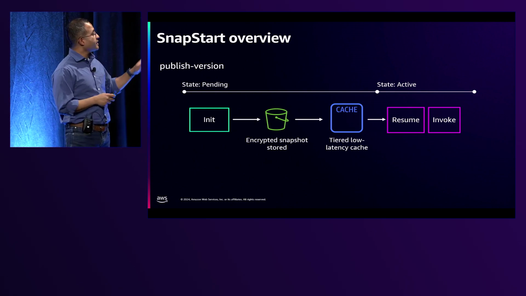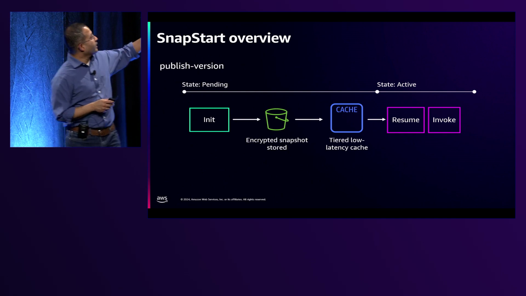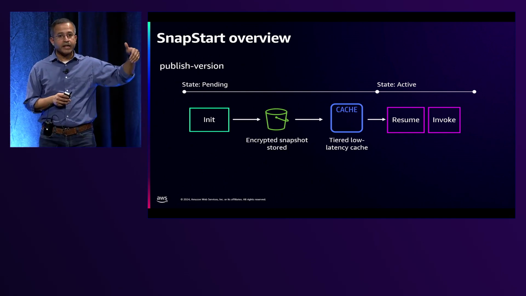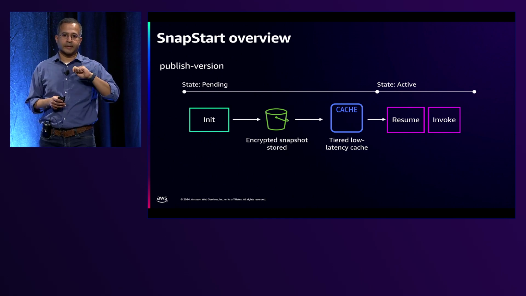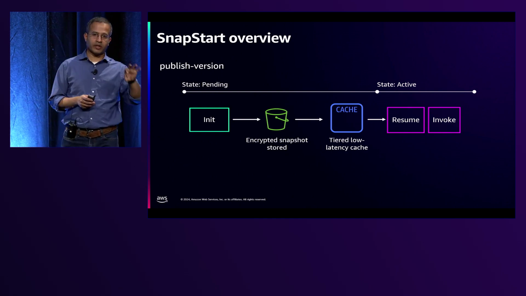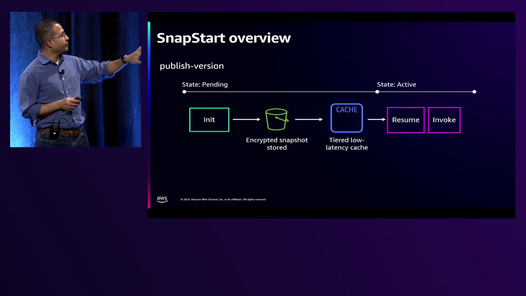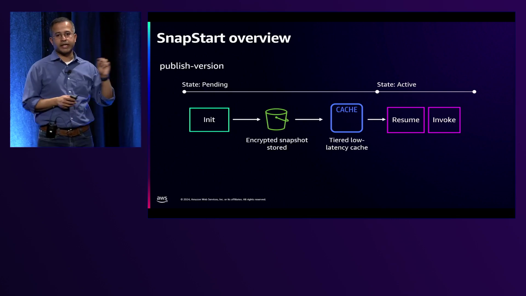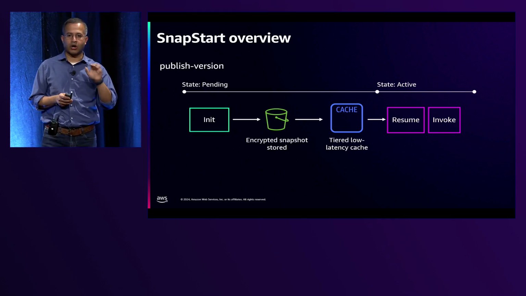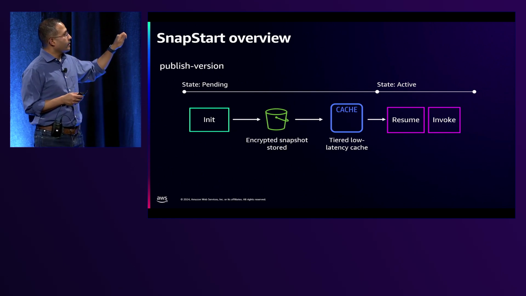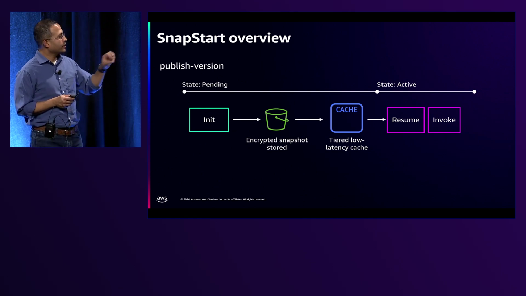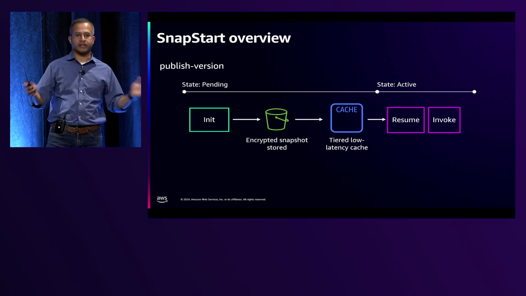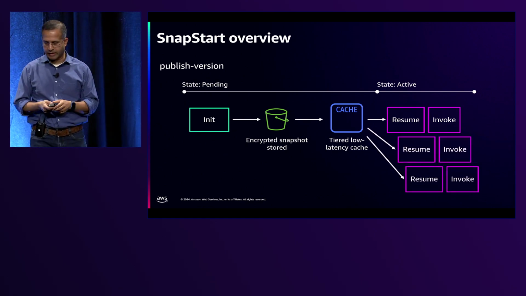So in this case, I talked about the function state going from pending, as soon as you enabled and published a function with SnapStart, to active. Once it is active, all the corresponding invokes on Lambda will start loading the execution environment from the encrypted snapshot, and that reduces the cold start latency.